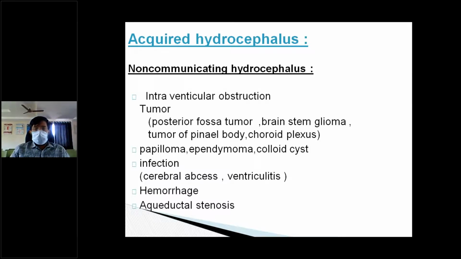And papilloma, ependymoma and colloid cyst may cause the non-communicating type of hydrocephalus. If there is any infection, that is cerebral abscess or cerebellar abscess or ventriculitis, infection of the ventricles, it may cause non-communicating hydrocephalus, and narrowing of the aqueduct.